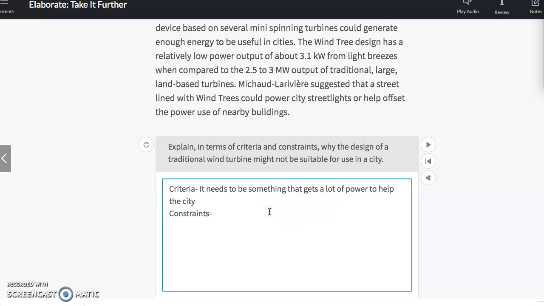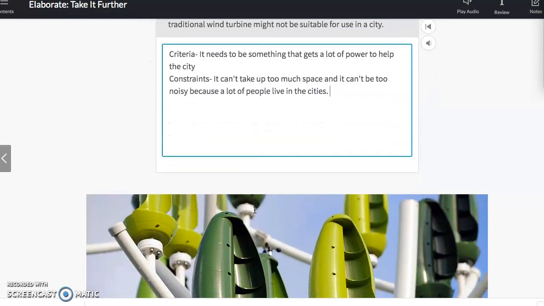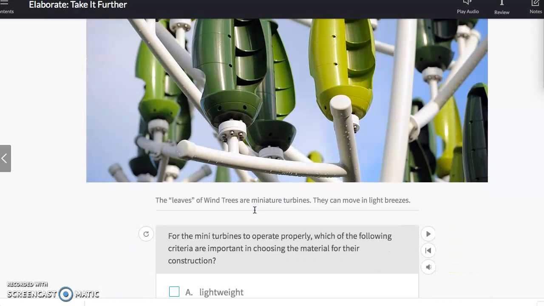But the constraints are it can't take up too much space, it can't be too noisy, because a lot of people live in the cities. Alright, you pause there, we move on to the next one.